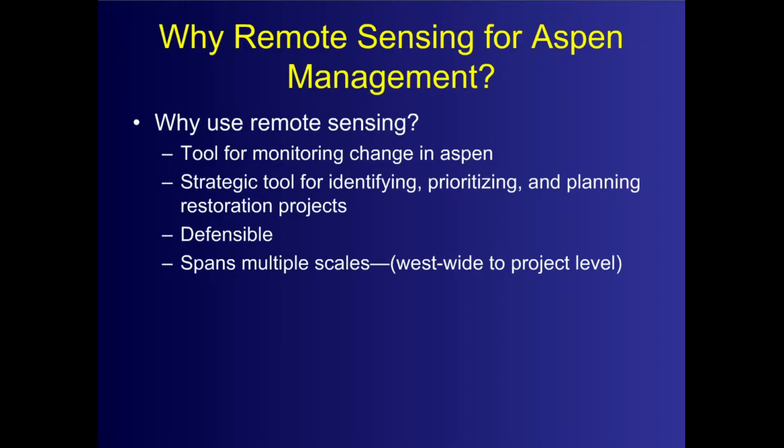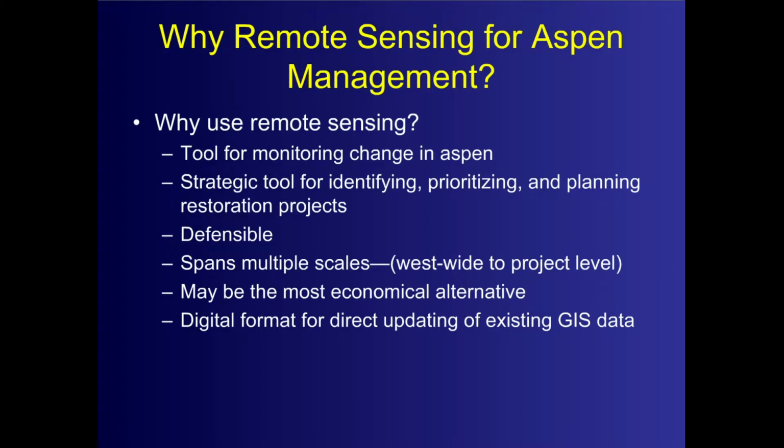Using remote sensing, we could look at, say, a west-wide assessment on one hand, or we could go down to a very specific area and do project-level work. We're finding that in many cases it's more economical than some of the traditional techniques for obtaining information. The digital format is very convenient because you can import it directly into a GIS. It can enhance and augment field work.